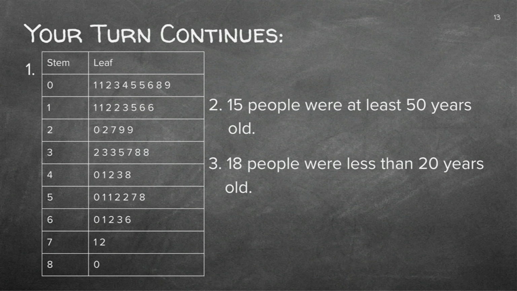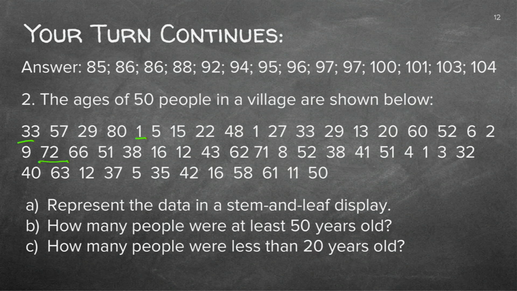So this is less than 10 years old. So our stem is 0. So we've got 1, and now we've first written them down, remember, and then we organize them from smallest to highest. So now this is our stem and leaf display from this data.